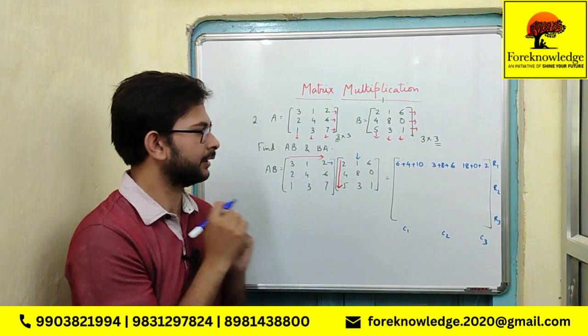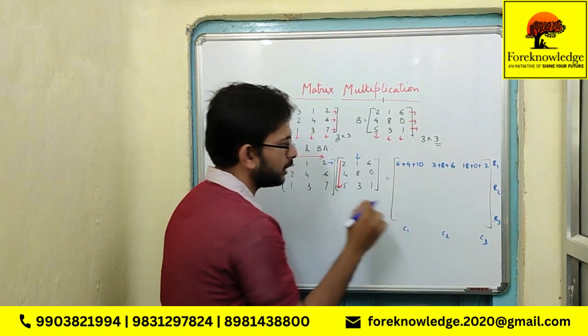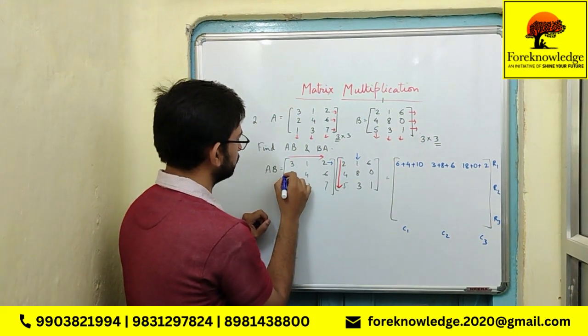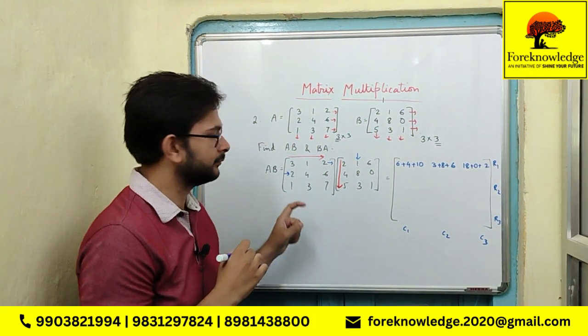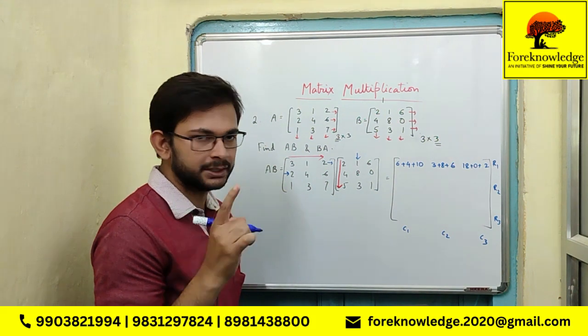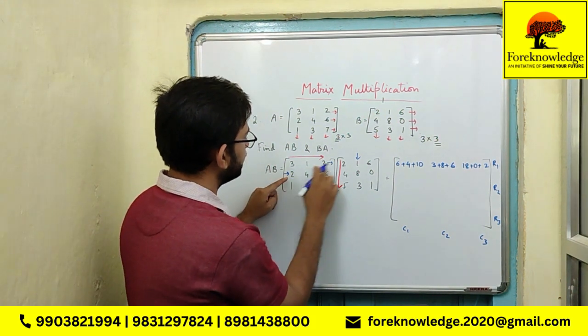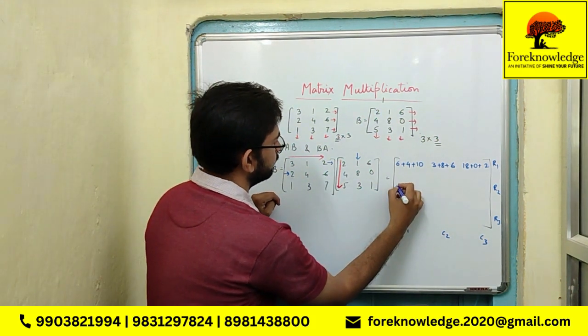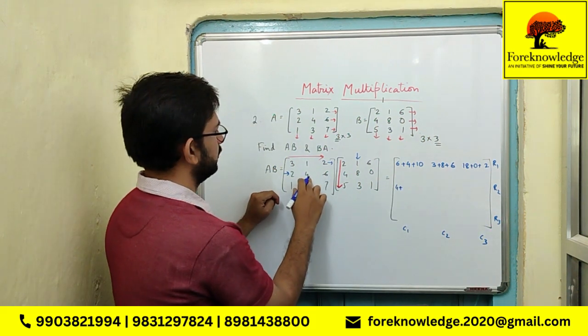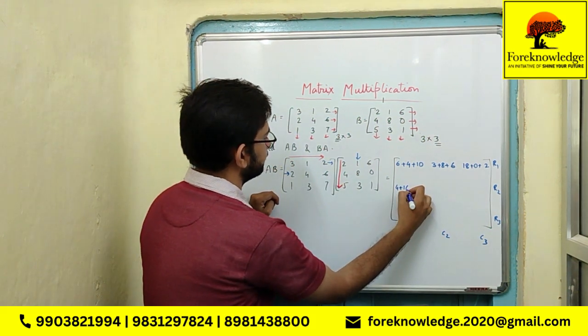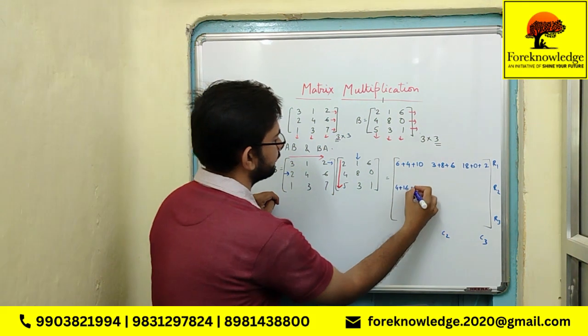Fine. Now for the second row, row 2, column 1. Row 2 of the pre-multiplier is in action. So 2 into 2, 4, plus 4 into 4, 16, plus 6 into 5, 30.